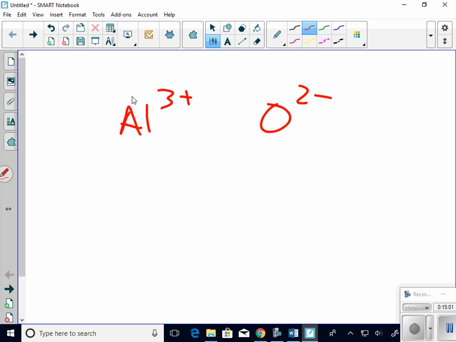So if I want to get aluminum to 6, I'm going to need 2 of them. If I want to get oxygen to 6, I'm going to need 3 of them, right? That's how I do it. Because finding the least common multiple doesn't lie to you. It's always correct.